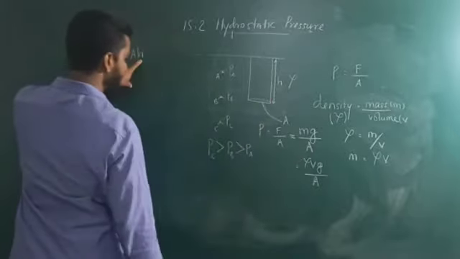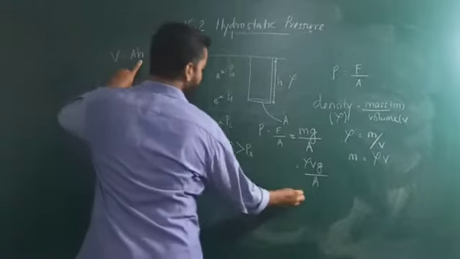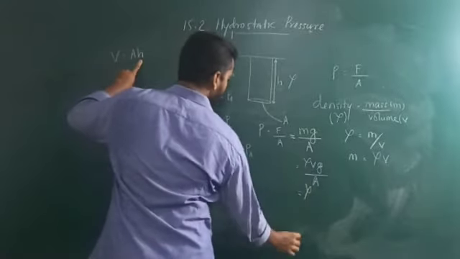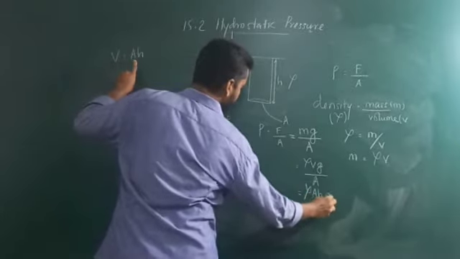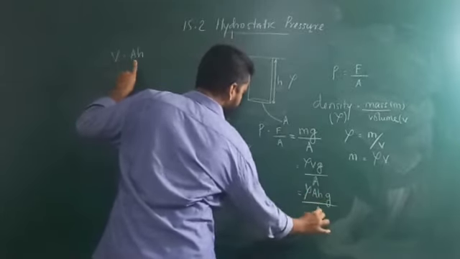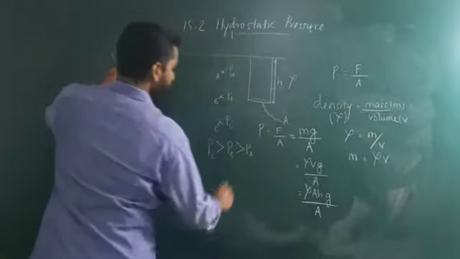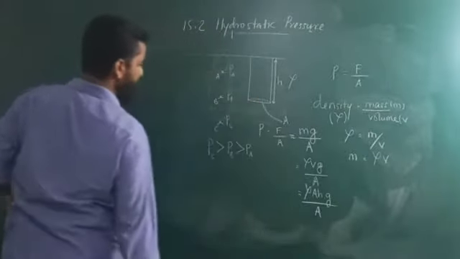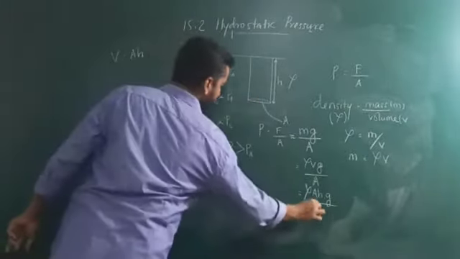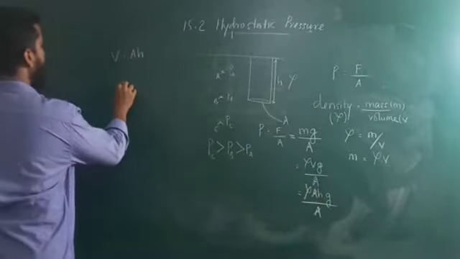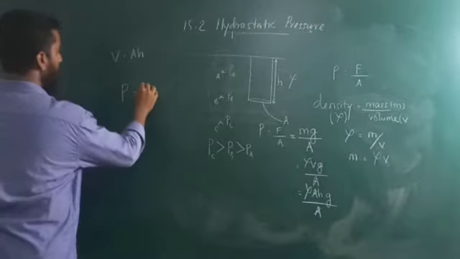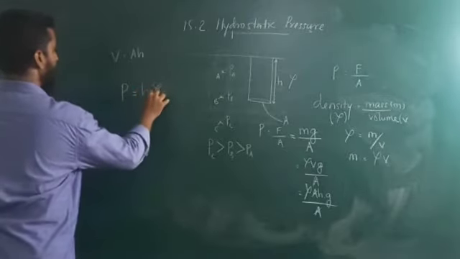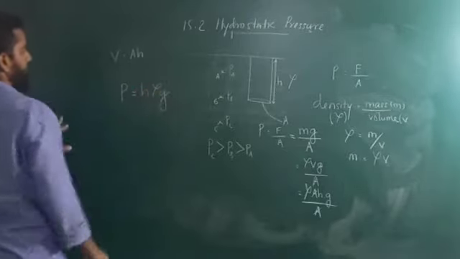Substituting, I can write rho into A into h into g divided by A. That is equal to the pressure exerted in this place. If I cancel A and A, then the pressure of the liquid column is equal to h into rho into g.